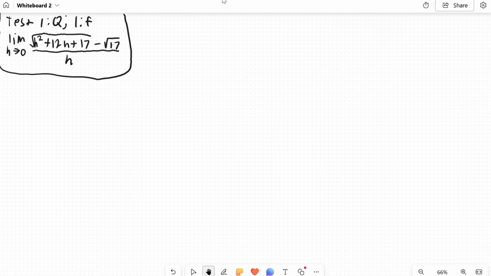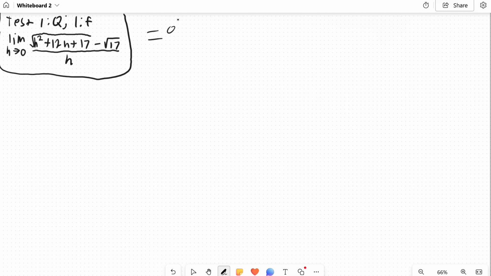Question 1, letter F, which is the limit as h approaches 0 of the square root of h squared plus 12h plus 17 minus the square root of 17, over h. First, we substitute in our limit, which would be 0.